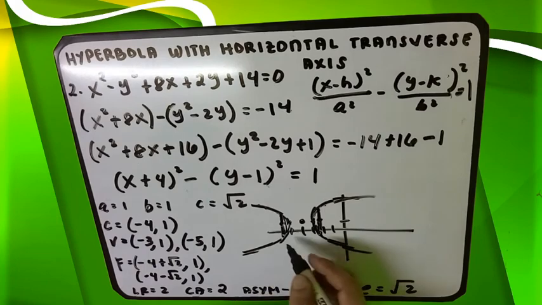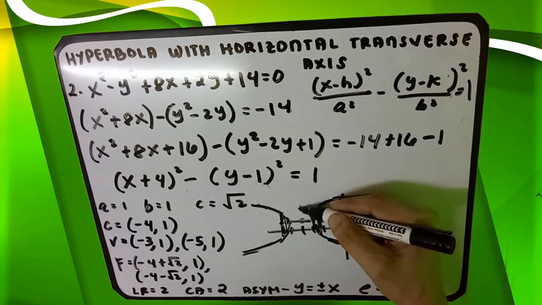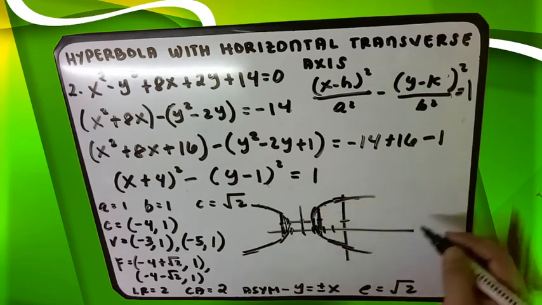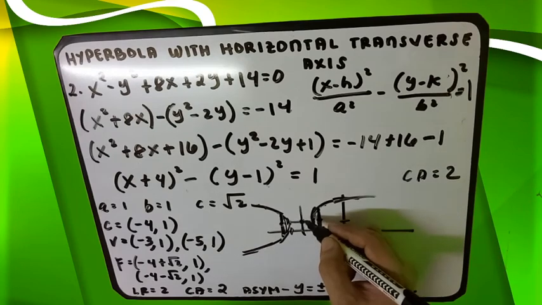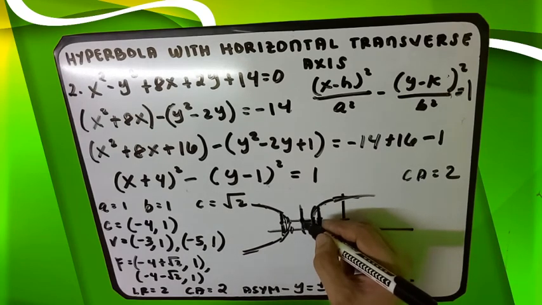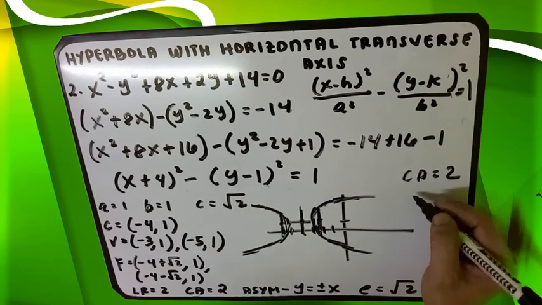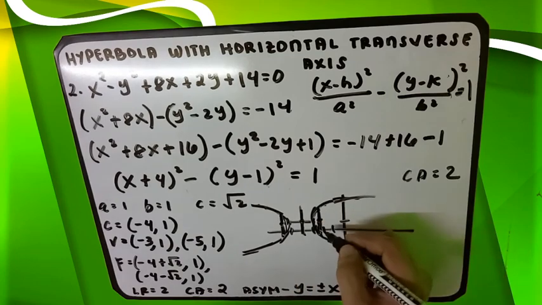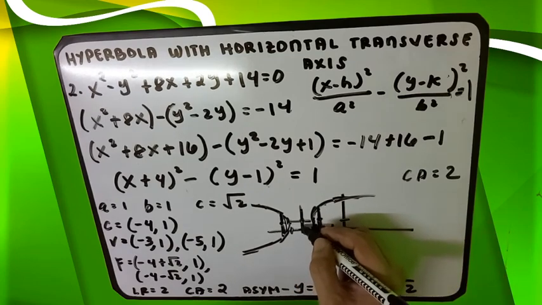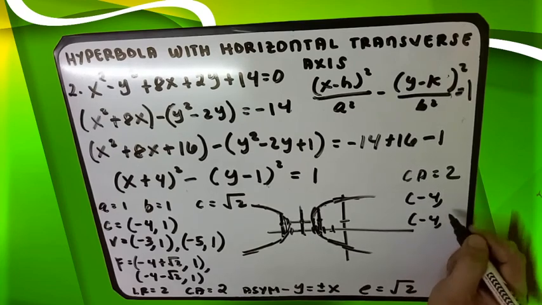For the conjugate axis, ito yung horizontal transverse axis natin. So ito ngayon yung conjugate. So since ang conjugate axis is equal to 2, kung ito yung center, 1 unit sa taas, 1 unit sa baba. So para malaman natin yung endpoint niya, kung ang center ay negative 4, 1, automatic, that is negative 4 din, yung isa ay negative 4.